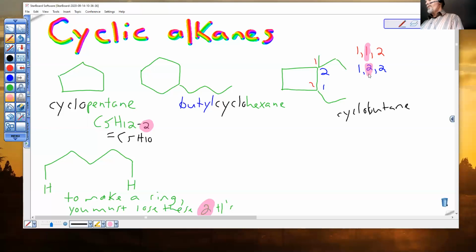It has ethyl groups on 1 and 2. And why am I putting the ethyl groups first? Because they're starting with the letter E. And the methyl's on 1.